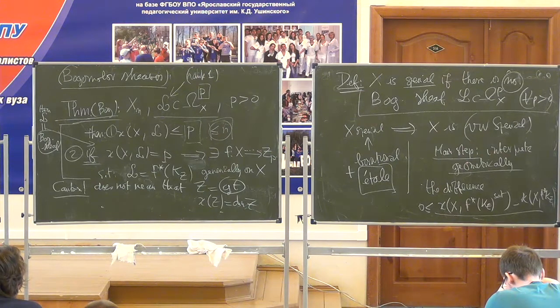And D, this is a divisor which has the following form, the sum of a_j D_j.